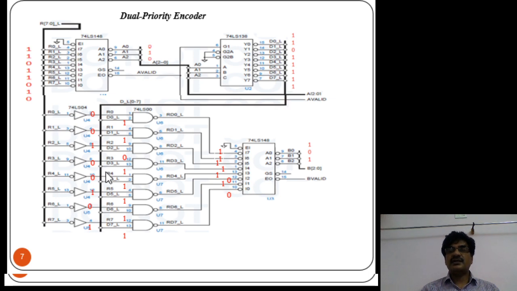Here I have represented their operation clearly, so that the first one gives the value 5 and the second priority encoder gives the value 2. That is how this works as a dual priority encoder.